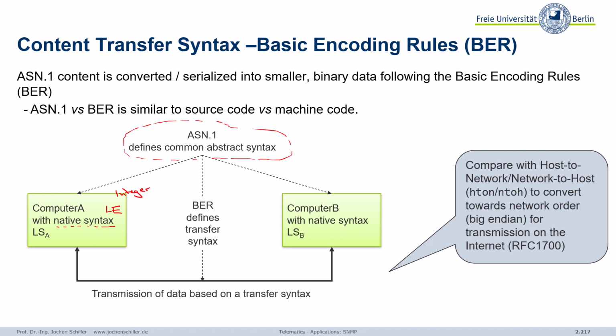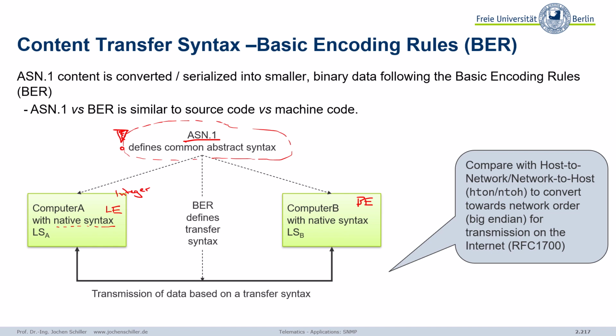Then, and we will see the example, we describe in an abstract way when we describe this managed object, for example, the buffer fill status, we describe it formally using ASN.1. So we use ASN.1 for the description. Locally we store it on computer A as little endian and on computer B as big endian, for example.